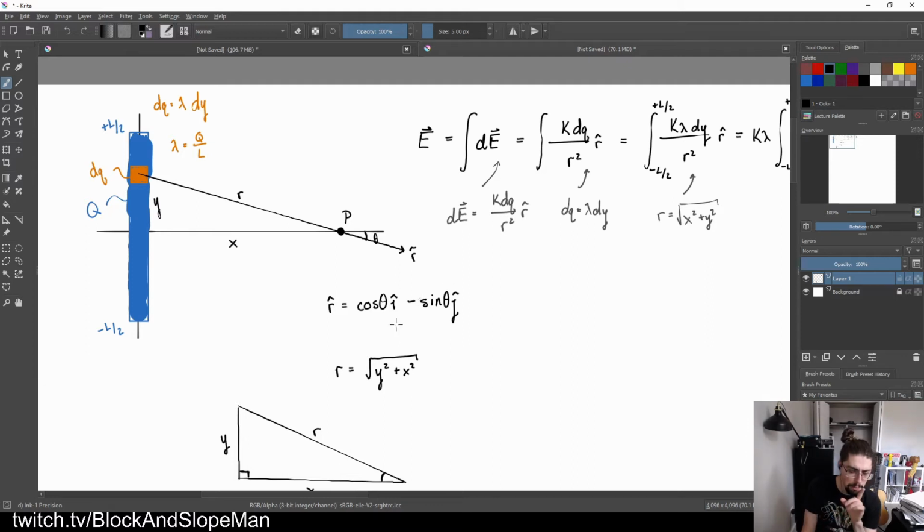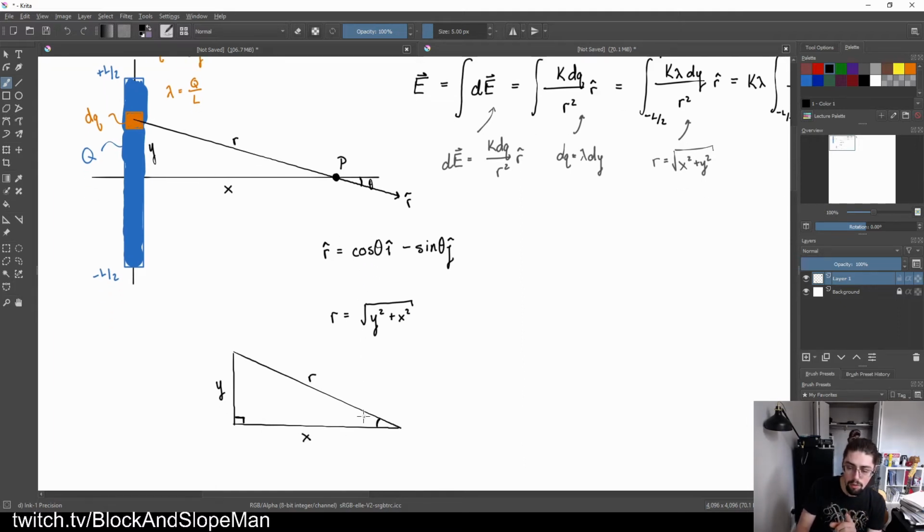So I do have a replacement for r hat technically. But we already kind of see theta does change. If the length y in this triangle changes, theta is going to change. Okay, well, we can't use theta then. We need to find some sort of substitution for theta. And what's the best way we might do that?